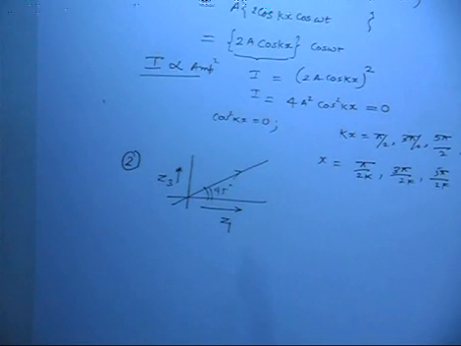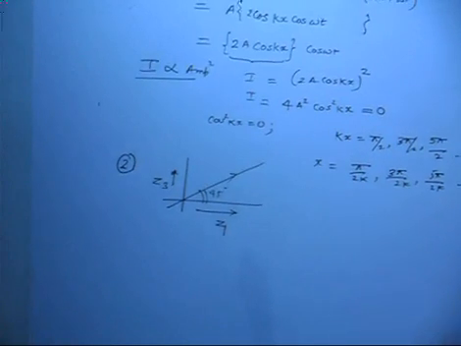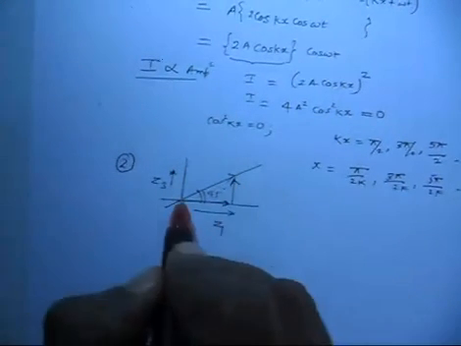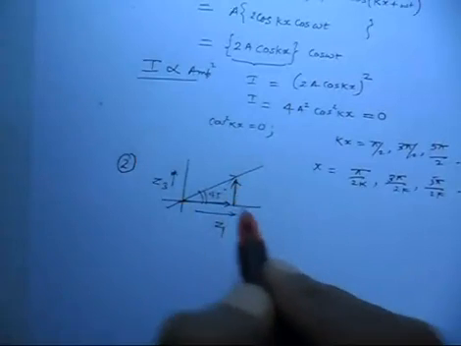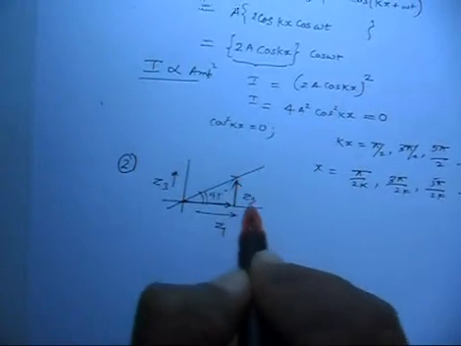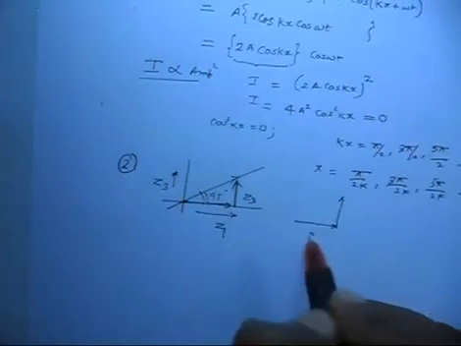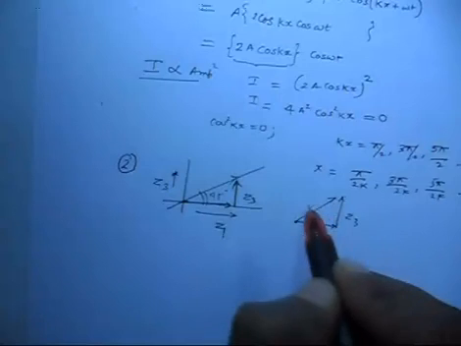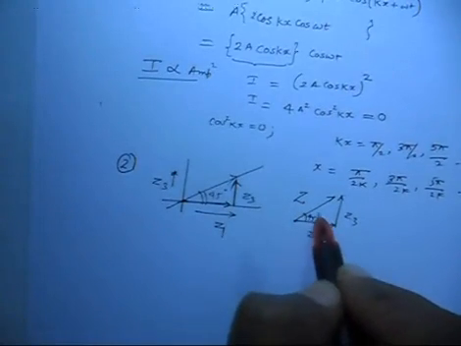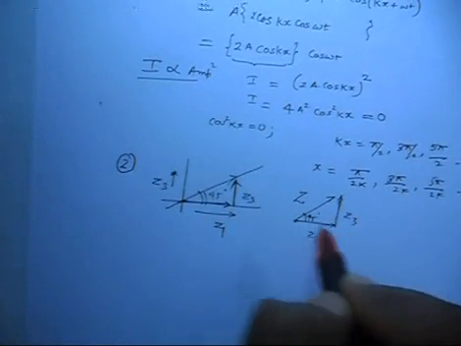This means if I combine z1 and z3, we will get a resultant wave z that makes a 45 degree angle with the x-axis, because the velocity and the amplitude in this direction and in this direction are equal.